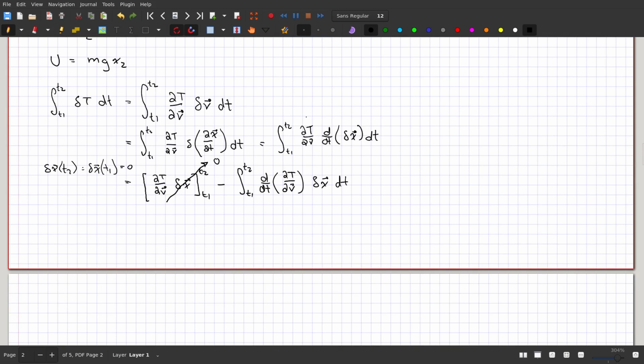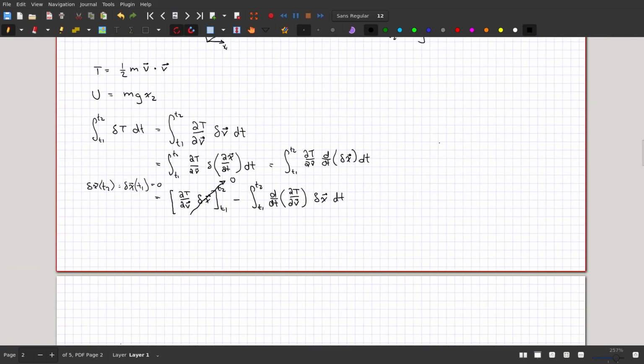Okay, so returning, now we just have the second term. We can now go ahead and compute the derivative, partial T, partial v, using our definition of T. Again, T is 1/2 m v dot v.